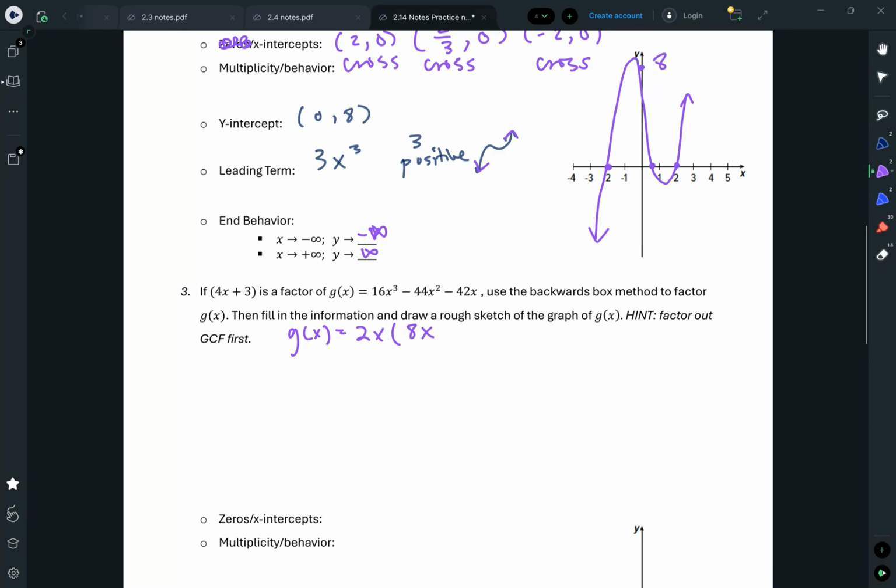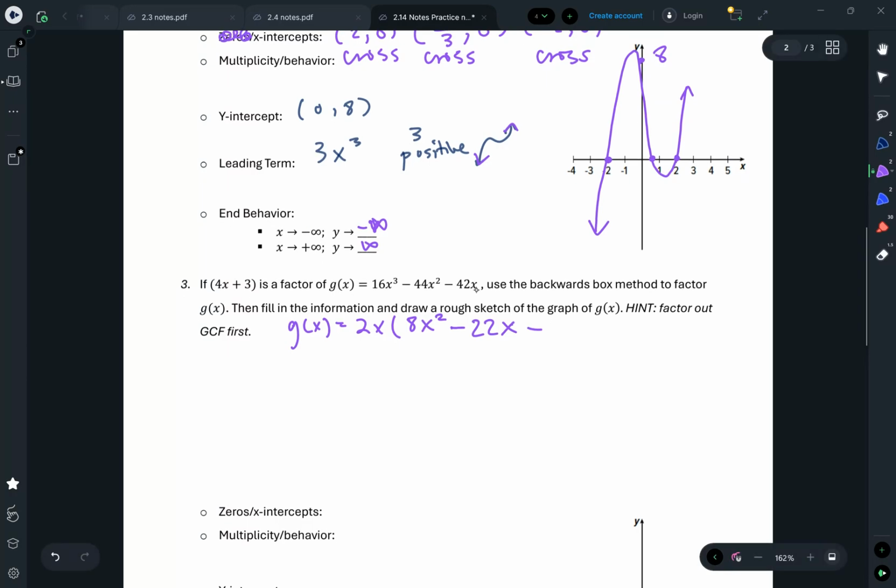That would give me an 8x squared minus, let's see, 44 divided by 2 would be 22x minus, the x is gone, 42 divided by 2 is 21. So really, I know now this is going to be 2x times 4x plus 3 times something.